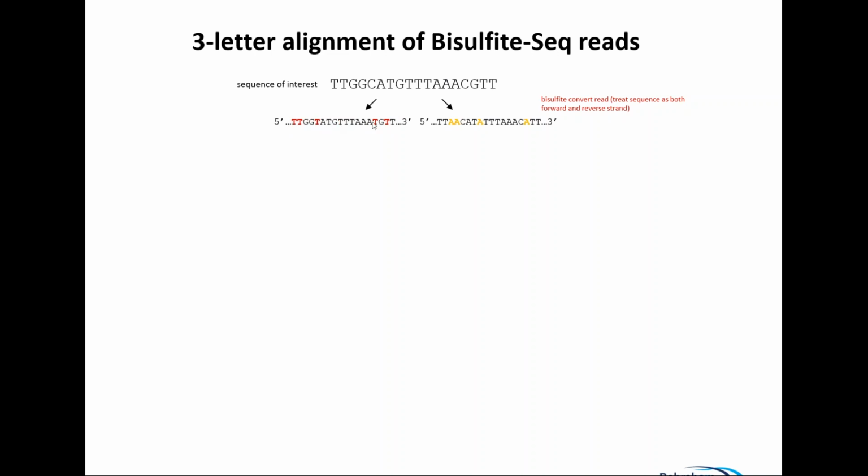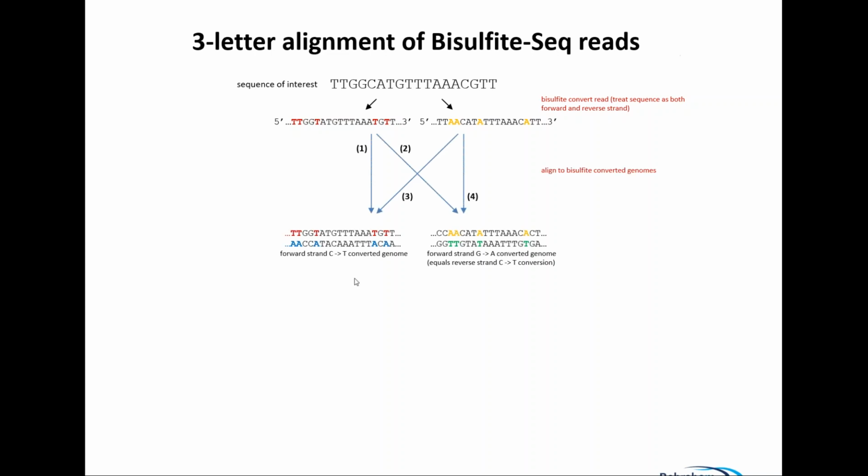The converted residues and Ts are marked in red, and for the bottom strand as well. The bottom strand would also be a C to T conversion, but that's equivalent to doing a G to A conversion on the top strand. So this is now starting to get a bit confusing.